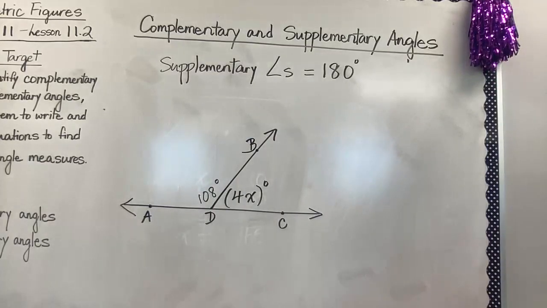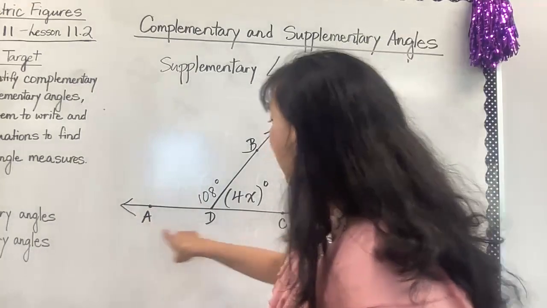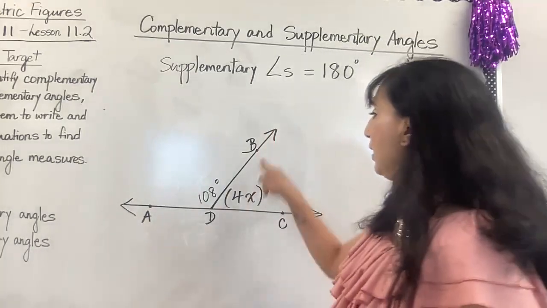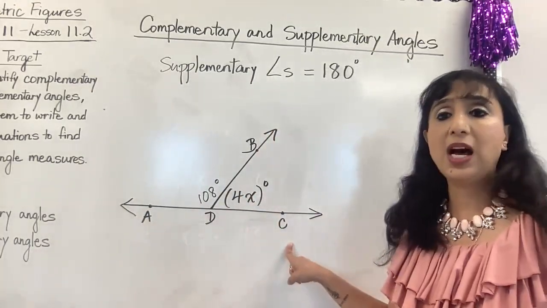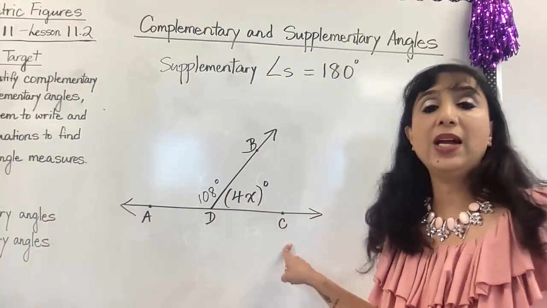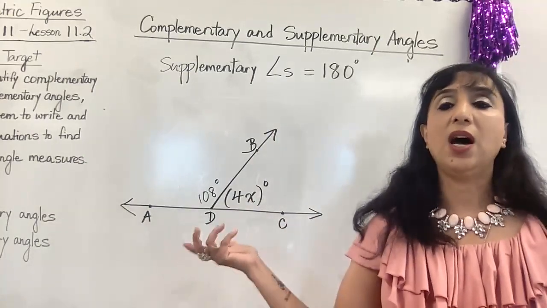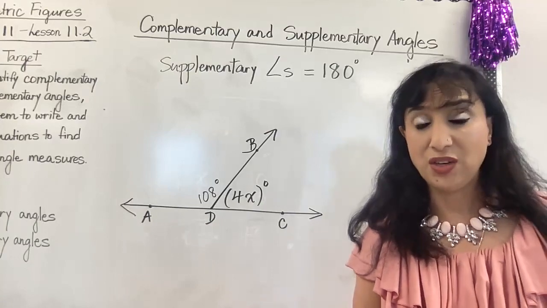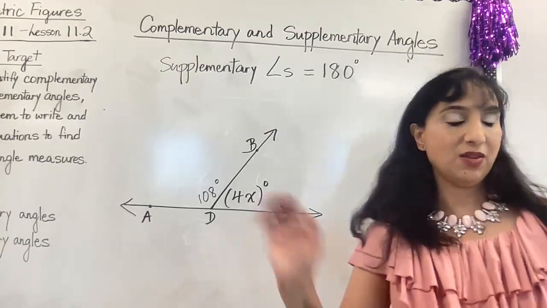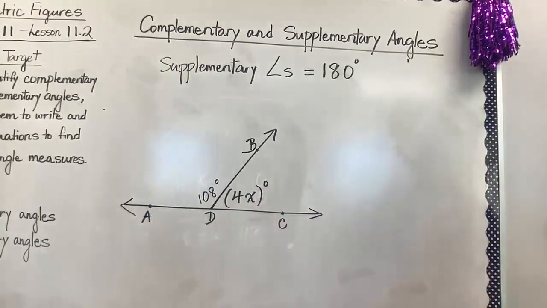All right, so let's look at this one. And first, of course, we have to identify the supplementary angles. And the supplementary angles are angle ADB and angle BDC. These are the supplementary angles. And I know that both of these, when I add them up, I should get 180 degrees, because that's what supplementary angles are.